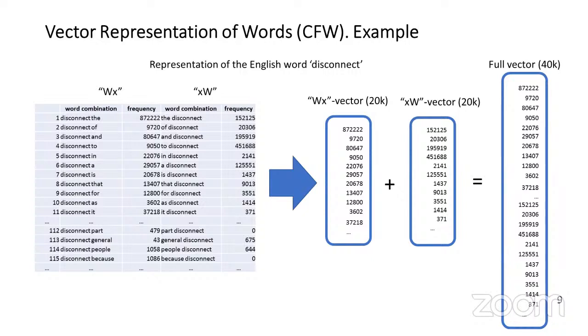For such co-occurrences, disconnect they, disconnect of, disconnect and so on, we have frequencies in the Google Ngram corpus, how many times this co-occurrence exists in the corpus. We collect these numbers and prepare vectors for WX type and XW. So totally 40,000 components for each vector.